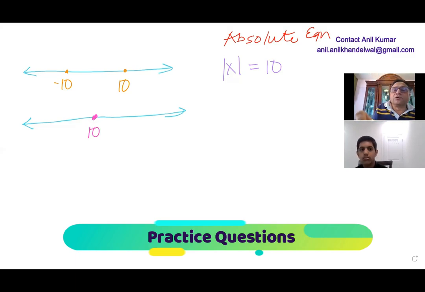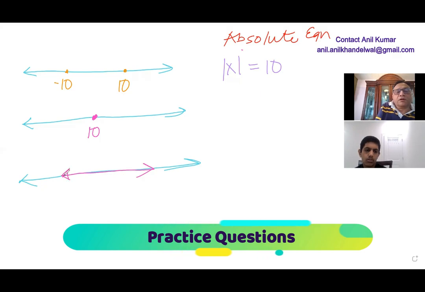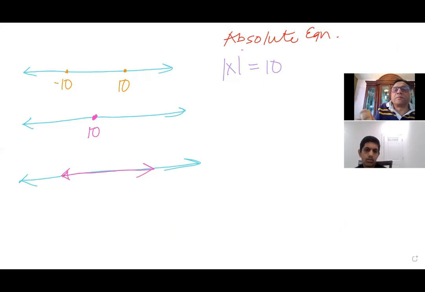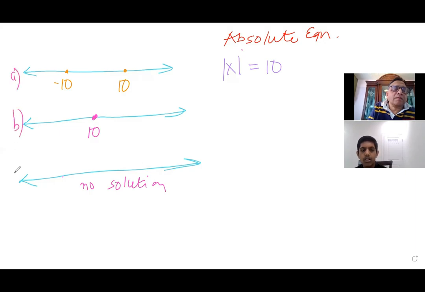Or another question I'm throwing towards you, which is also challenging, where the solution is none. Sorry, no solution. Can you tell me the equations for these three? A, B, C. Tell me. I think for A it's absolute value of x equals 10.